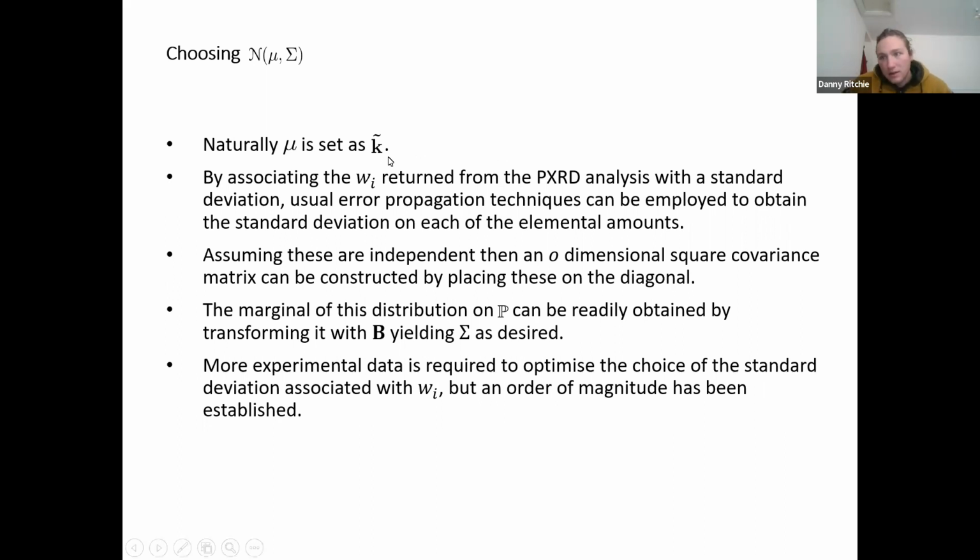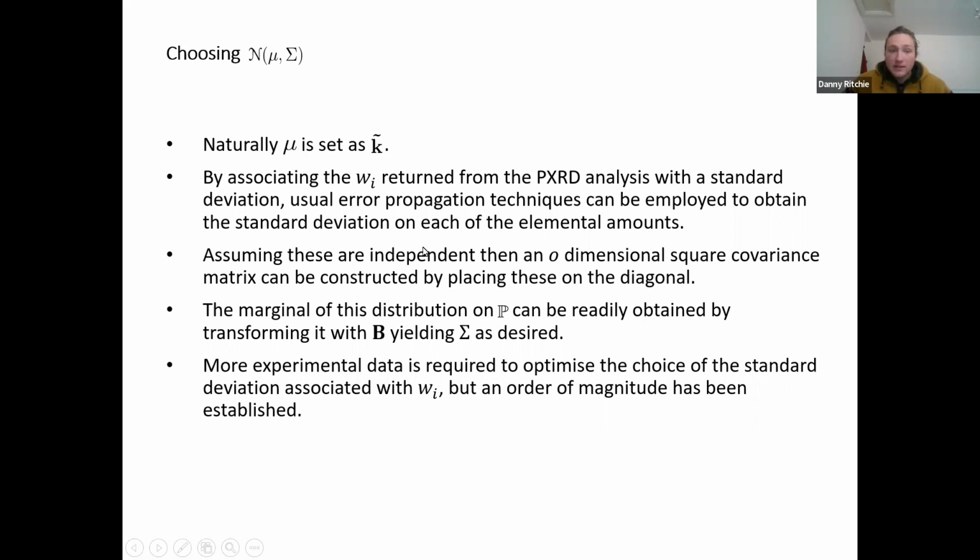So if we're picturing our k tilde in the original O-dimensional space, then if you remember, each of the components of that vector will correspond to an amount of each element, and we have an associated standard deviation for that amount of that element.